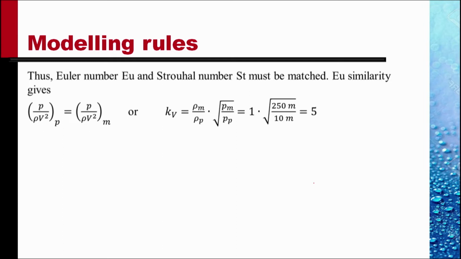And the pressure developed in model and pressure developed in prototype are in the ratio 250 meters divided by 10 meters. So this gives you a scale factor for velocity to be 5.